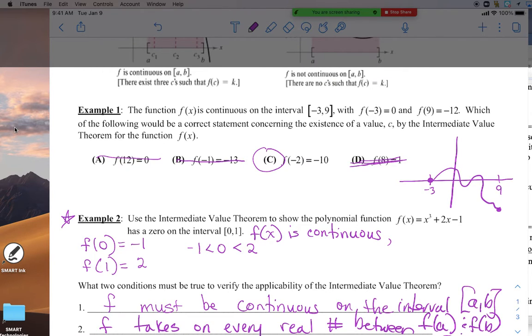If you want a 0, that means y is 0. So you need to state f is continuous, and the y value we wanted was a 0. And that's between negative 1 and 2.